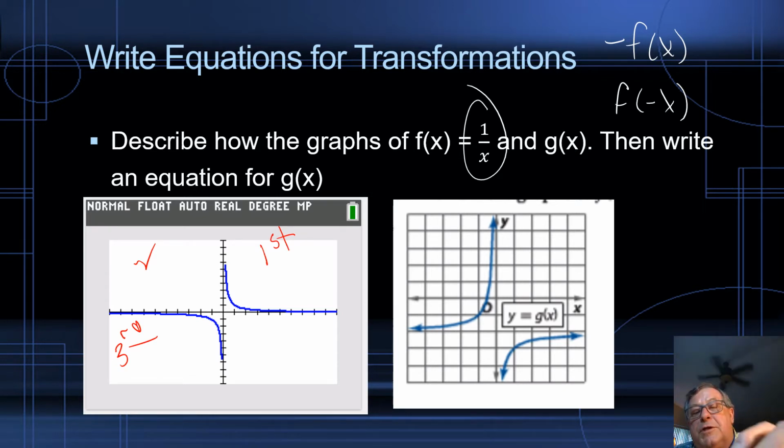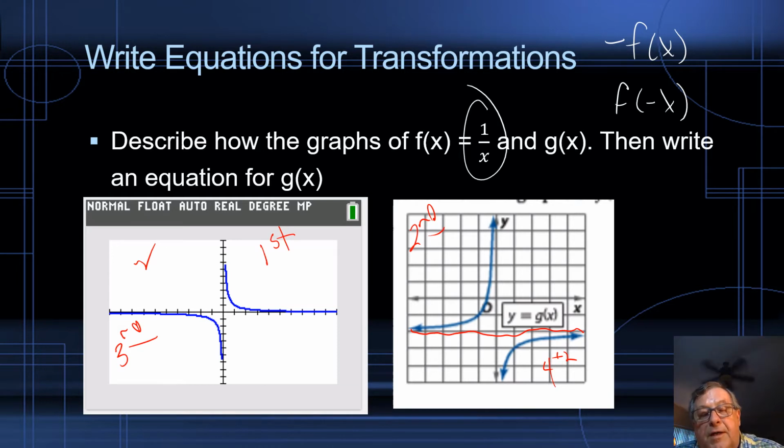we've moved from the first and third to what might be more applicable to the second and fourth quadrants. And then I also see that we have moved down. We've seen a vertical shift down from the horizontal axis by 2.